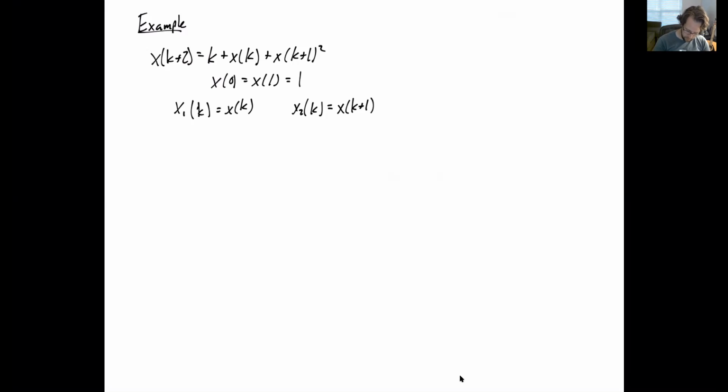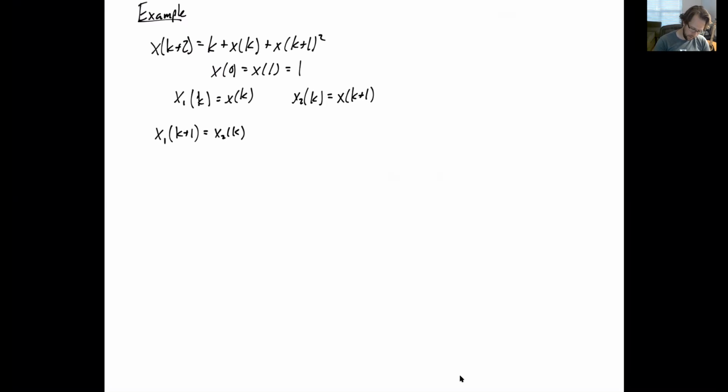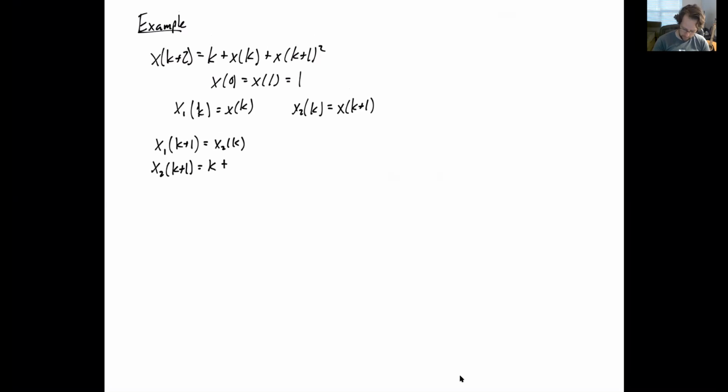And now we're going to get x sub 1 of k plus 1 is equal to, you guessed it, x sub 2 of k. And then x sub 2 of k plus 1 is going to be equal to k plus x1 of k plus x2 of k squared.